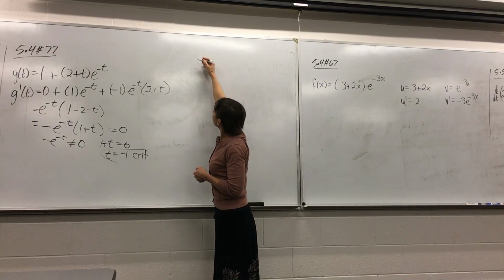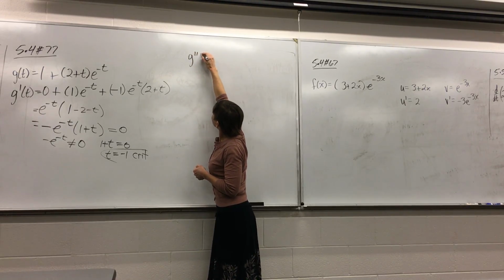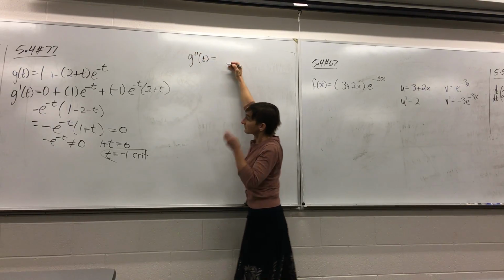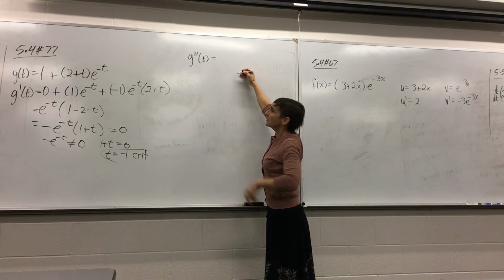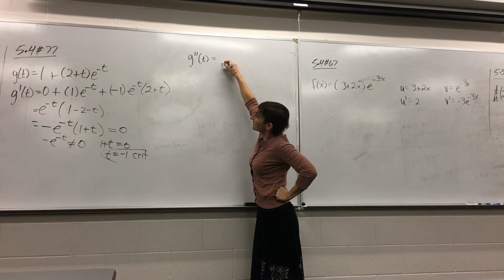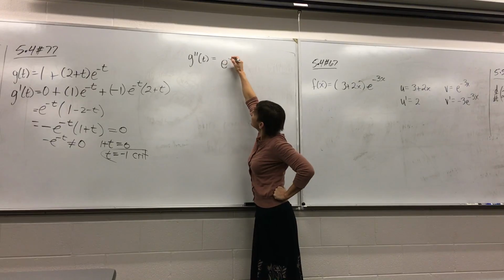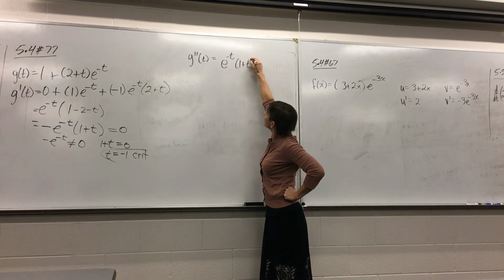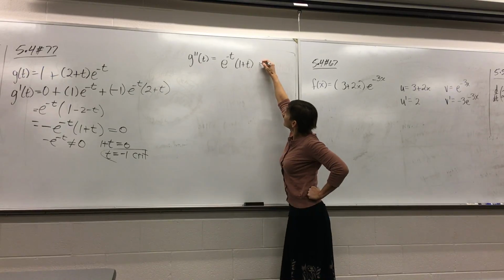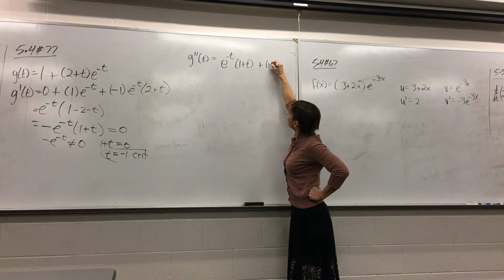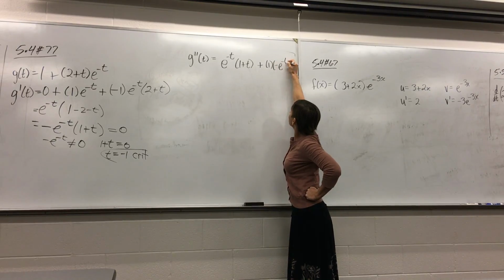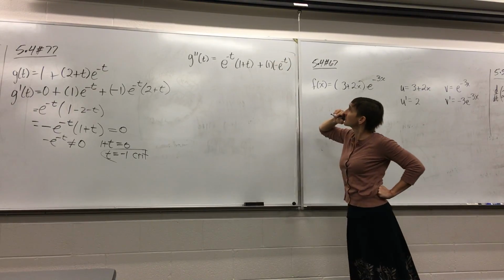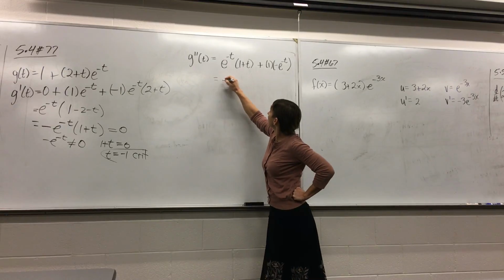Okay, so second derivative. Derivative of e to the negative t is there plus 1 negative e to the negative t. Ooh, check me on that. Yeah, that's right. Okay.